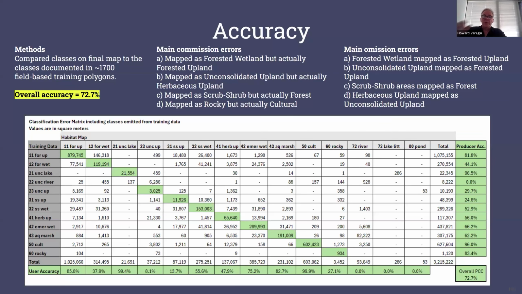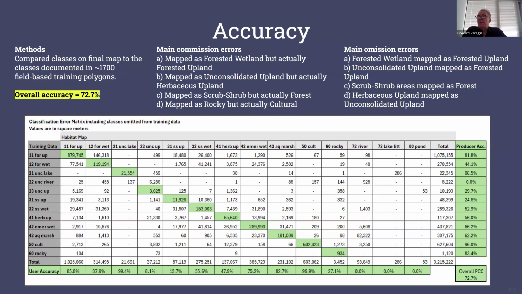We also did a couple of additional things, one of which was to calculate the accuracy of our results. We conducted an accuracy assessment a couple of different ways. Again, I won't go into too much detail, but this classification error matrix shows the results we obtained comparing our training data to the final habitat map that I just showed you on the last screen.